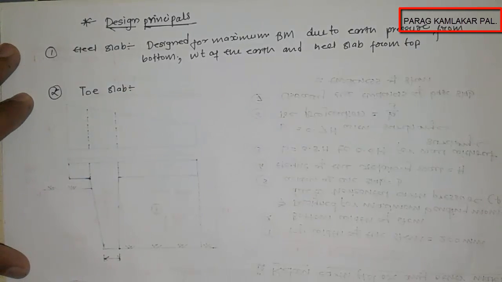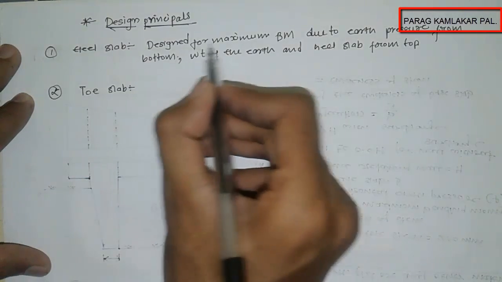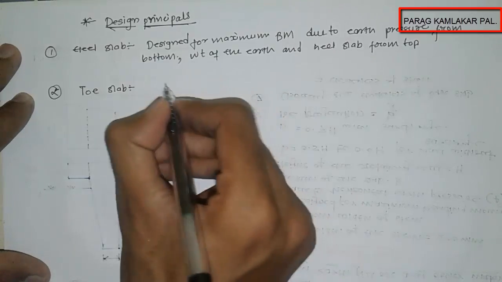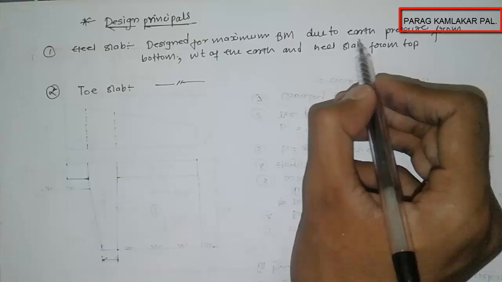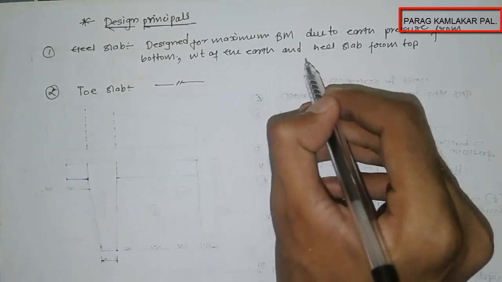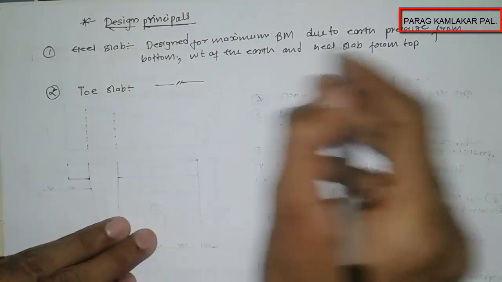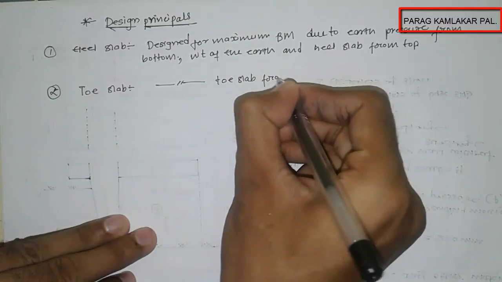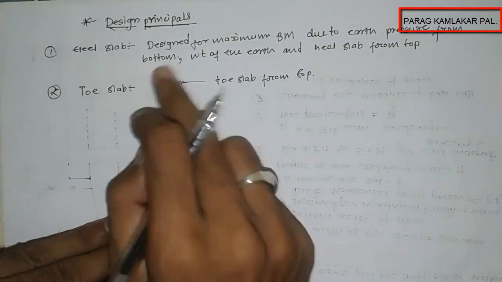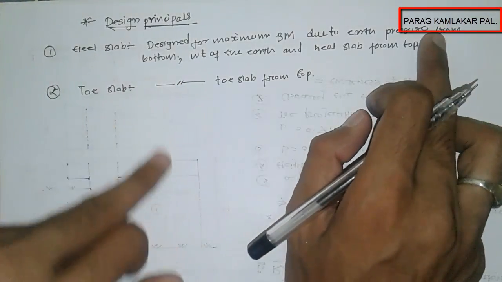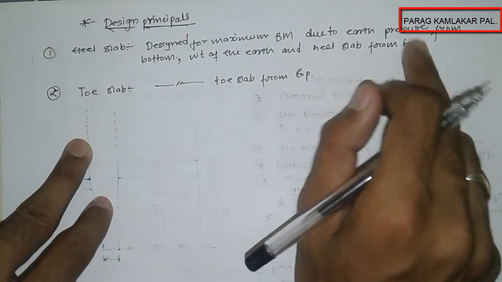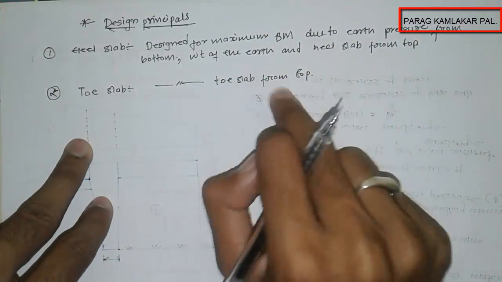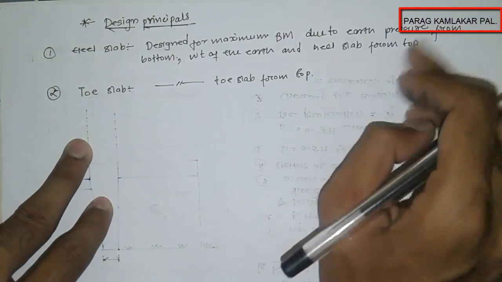The toe slab is designed for a maximum bending moment due to the earth pressure from the bottom and the weight of the earth, the same as the heel slab. The change is that the heel slab is designed for the weight of the earth and pressure from the bottom, while the toe slab is designed for the earth pressure from the bottom, the weight of the earth, and the toe slab from the top.